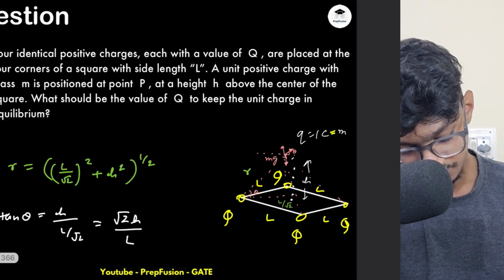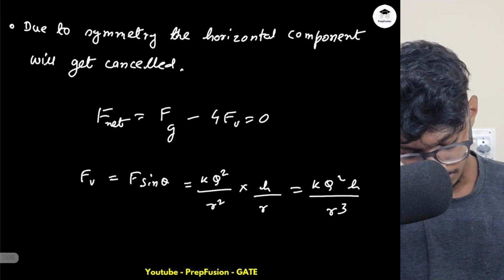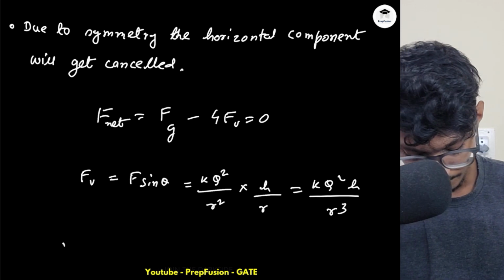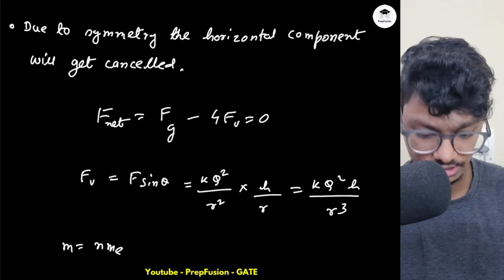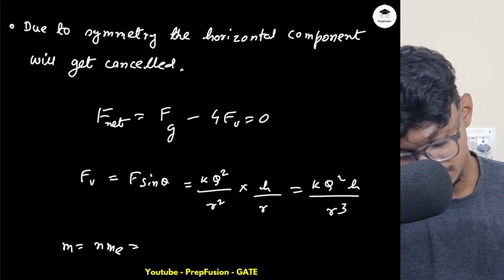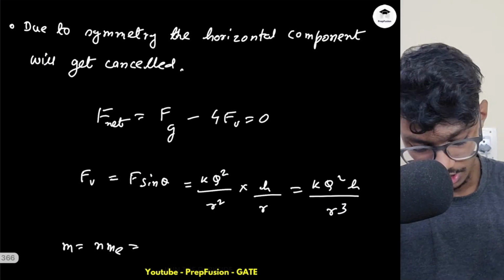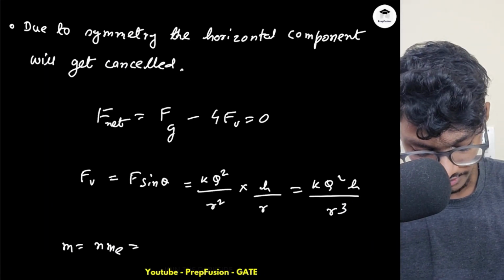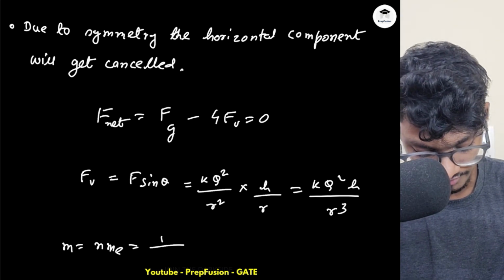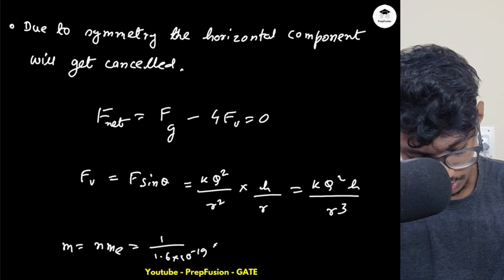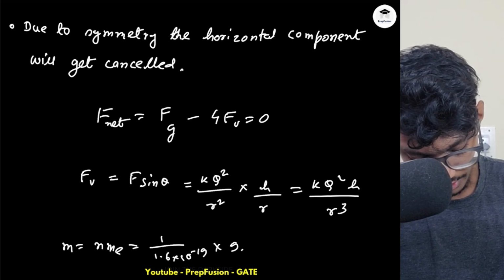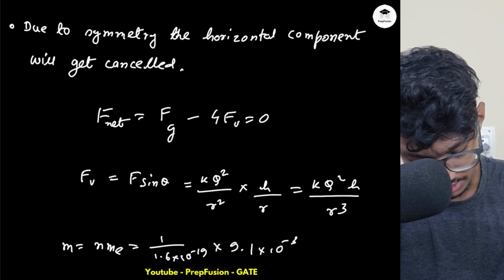Now what is the mass of this thing? Can you tell me the mass of this thing? Mass will be n times me, the mass of a single electron. So how many electrons do I have? This is a 1 Coulomb charge. So if this is a 1 Coulomb charge, I have to find the number. Number will be simply 1 divided by 1.6 into 10 raised to power minus 19, into 9.1 into 10 raised to power minus 31.